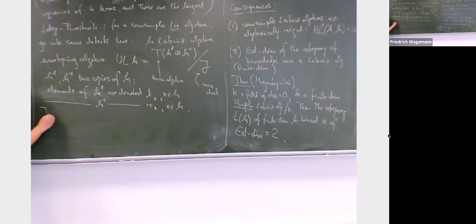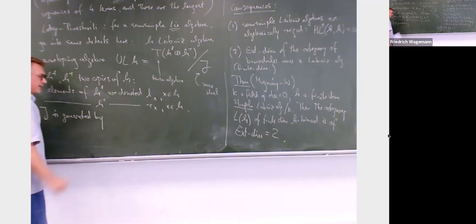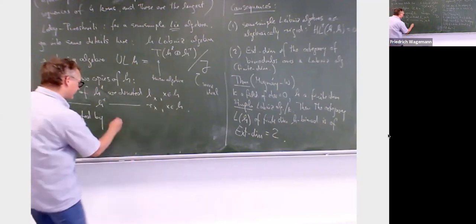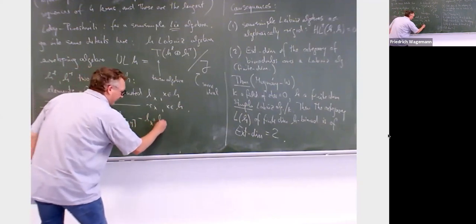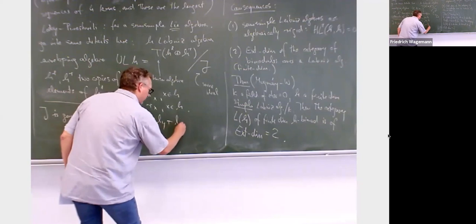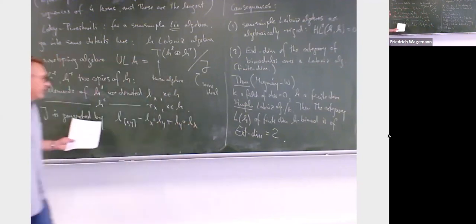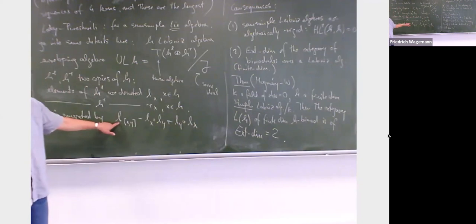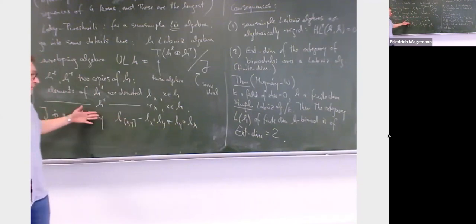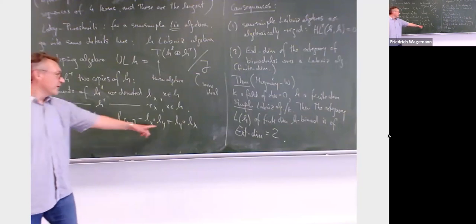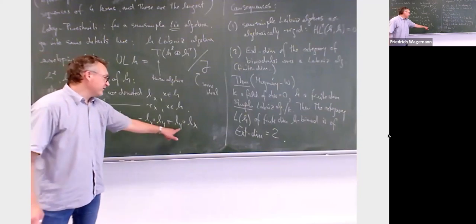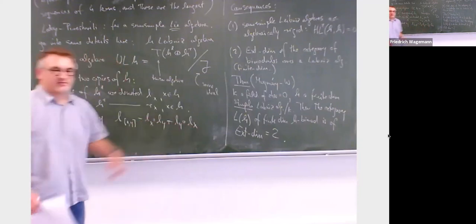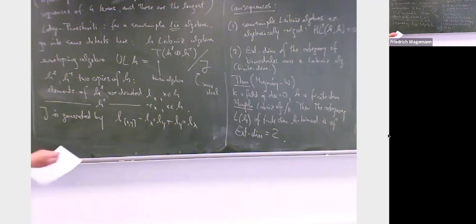And so J is generated by L of [x,y] minus L x L y plus L y L x. This is left multiplication: left multiplication by the bracket is equal to first left multiplication by y, then left multiplication by x, minus left multiplication by x, then left multiplication by y. This is what we call LLL.